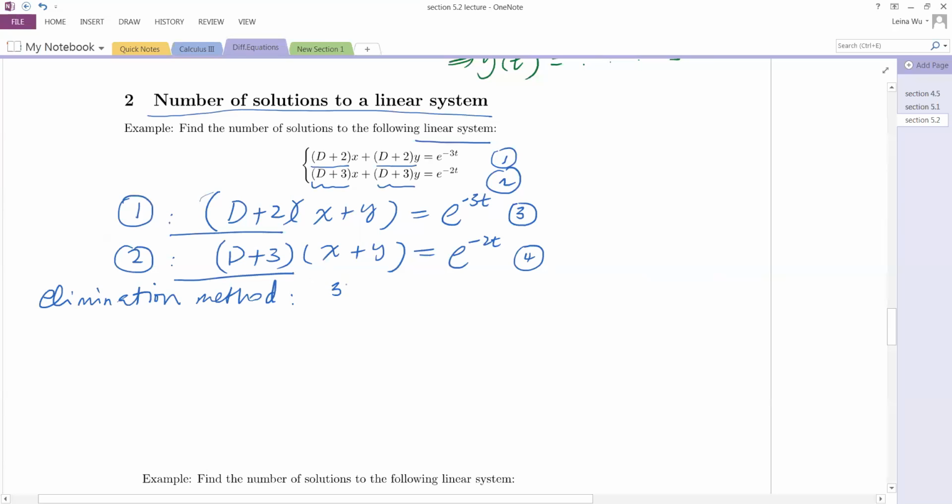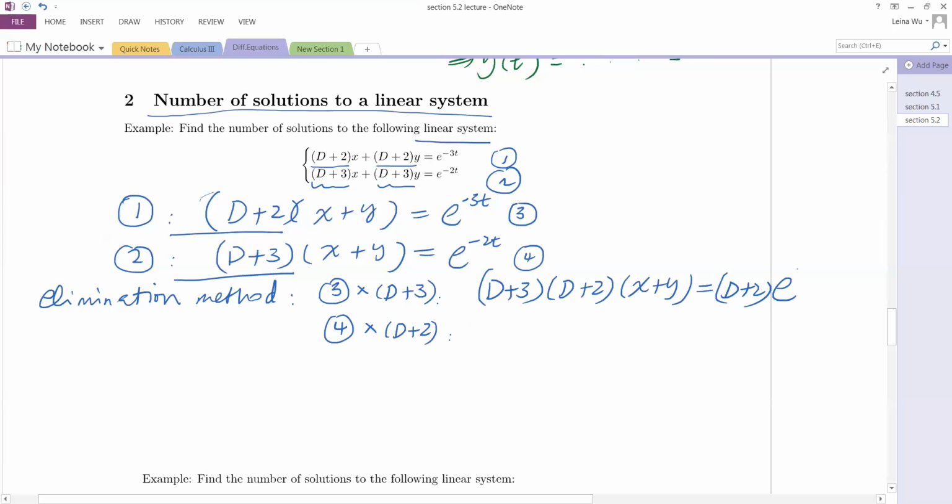So let's multiply equation 3 by D plus 3 and equation 4 by D plus 2. Is that good? Then equation 3 turns into D plus 3 times D plus 2 of x plus y equals D plus 2 e to the negative 3t.